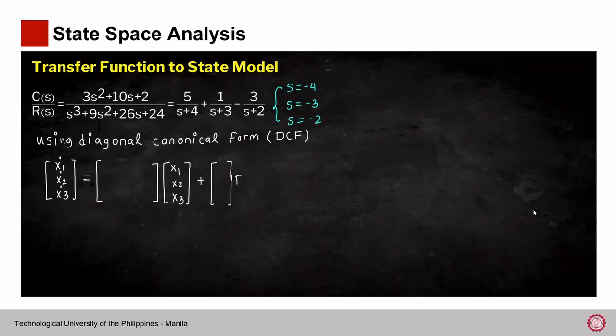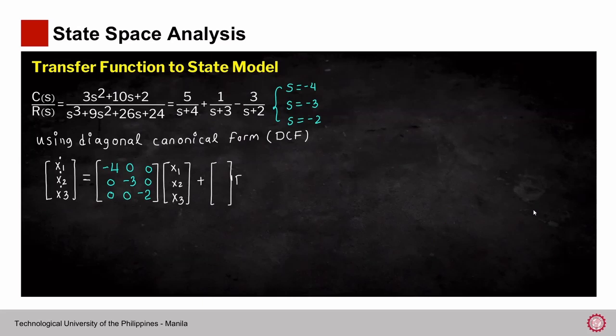So we will write the poles at the diagonal. Kaya nga siya diagonal canonical form eh. So we have -4, then -3, and then -2. And the rest will be filled with zeros. Okay? That's how you write the diagonal canonical form.